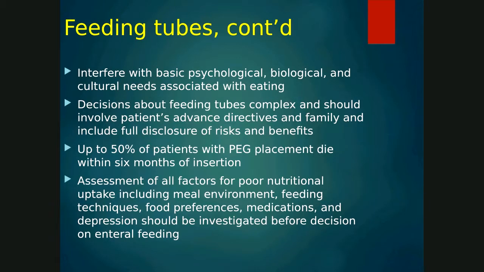Maybe there are things that can be done to address those other underlying factors before placing a feeding tube. Up to 50% of patients with PEG placement die within 6 months of insertion. So again, assessment of all the factors that could be contributing to poor nutritional intake is very, very important, so that way you can try your best to intervene on one of those issues rather than just jumping right to placing a tube in a patient.